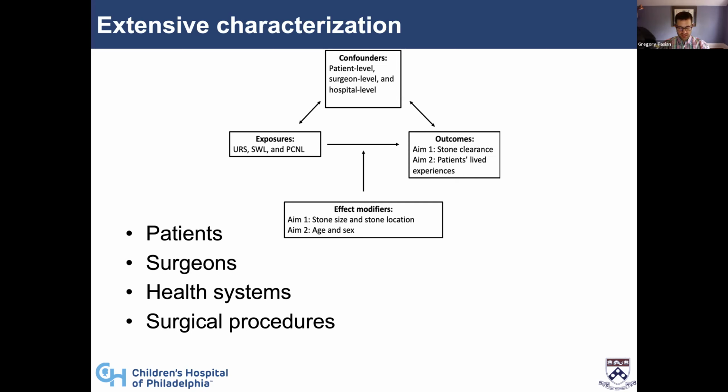Therefore, we've employed a really robust characterization of all of these different groups within PEDSnet.